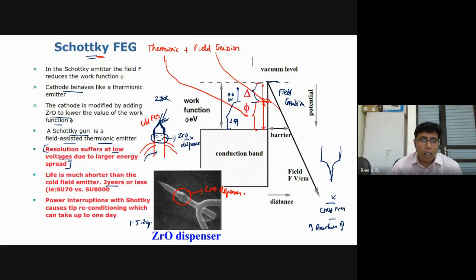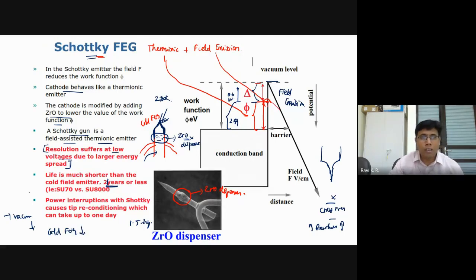So as I told you earlier, the lifetime is 2 years or less, whereas it is 7 years for cold FEG. This is a slightly lower lifetime because of the temperature involved. The one advantage is the vacuum level required here is lower compared to cold FEG.